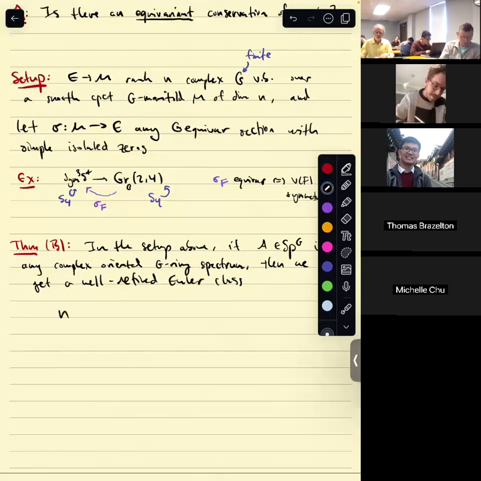I'll write this as n(E) with a subscript G, and this is going to live in pi naught of A. And it has the following property.